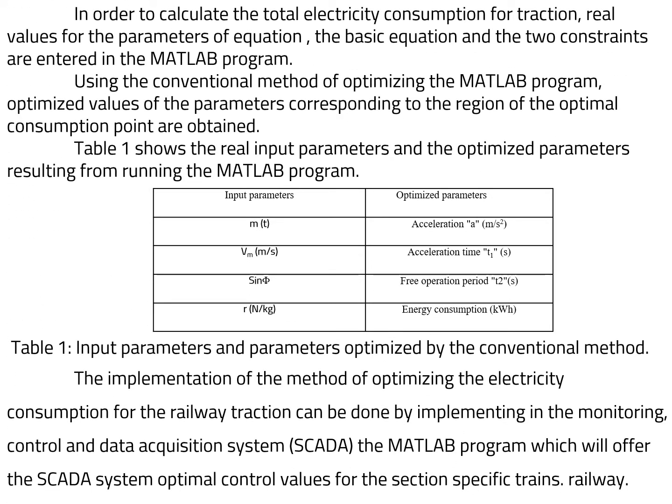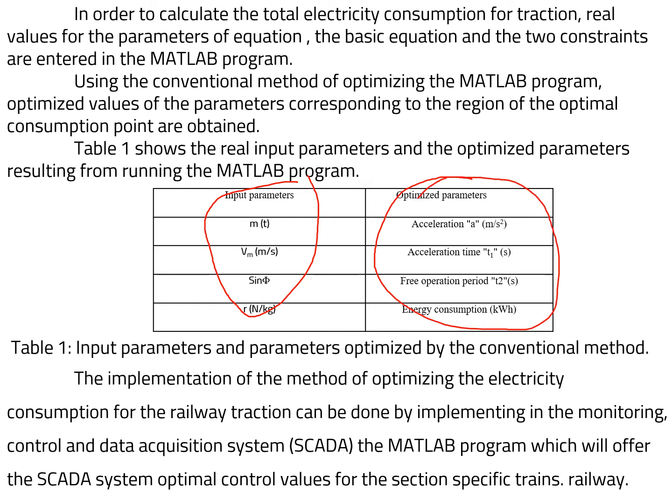In order to calculate the total electricity consumption for traction, real values for the parameters of the basic equation and the two constraints are entered in the MATLAB program. Using the conventional method of optimizing the MATLAB program, optimized values of the parameters corresponding to the region of the optimal consumption point are obtained. Table 1 shows the real input parameters and the optimized parameters resulting from running the MATLAB program.